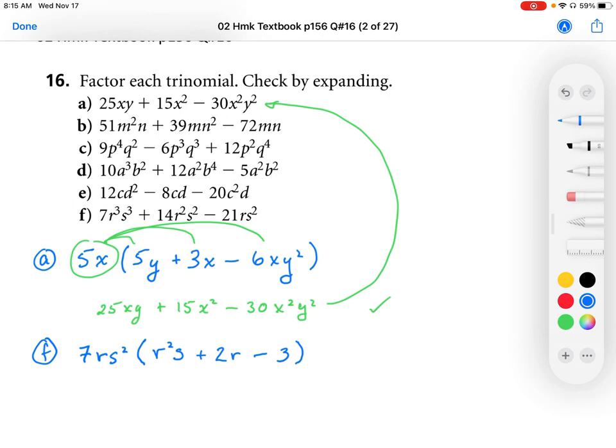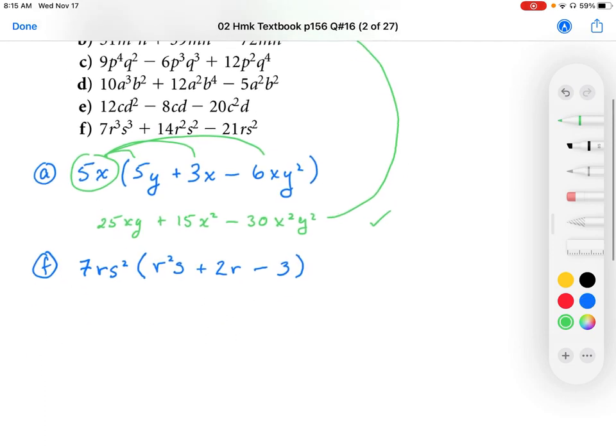Okay, so then again, we're just going to check this by expansion. I'm going to take that term and expand it by distributing across the plus and minus. So we get 7. R times r squared is r cubed. S squared times s is s cubed. Plus 7 times 2 is 14. R times r is r squared.